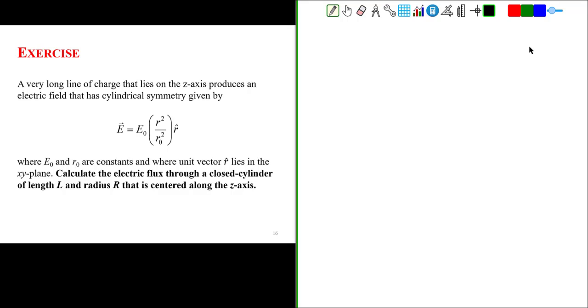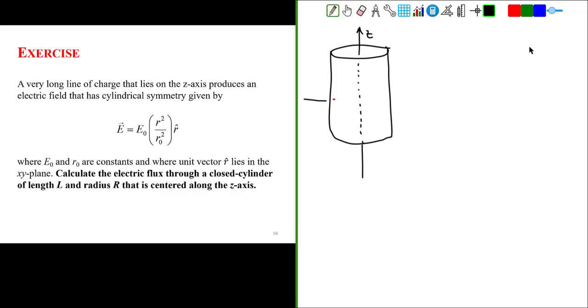I am going to just redraw my cylinder, and I'll go ahead and indicate my coordinate system. The z-axis is going up, and here I'll do a dotted line on the inside.